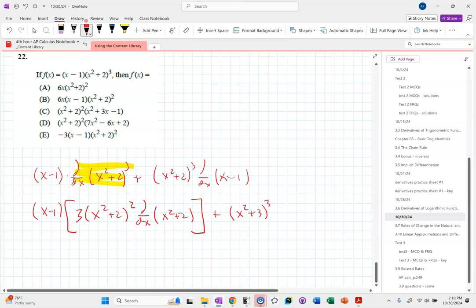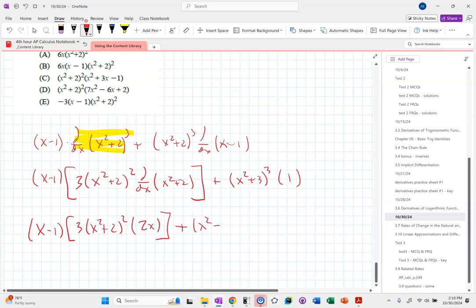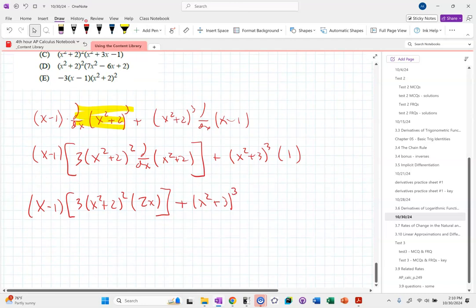And the derivative of x minus 1 is just 1 minus 0. Just write a 1 there. So far, so good. And the derivative of x squared plus 2 is 2x plus 0. So that's that. Oops. I don't know how that turned into a 3 there. So far, so good.